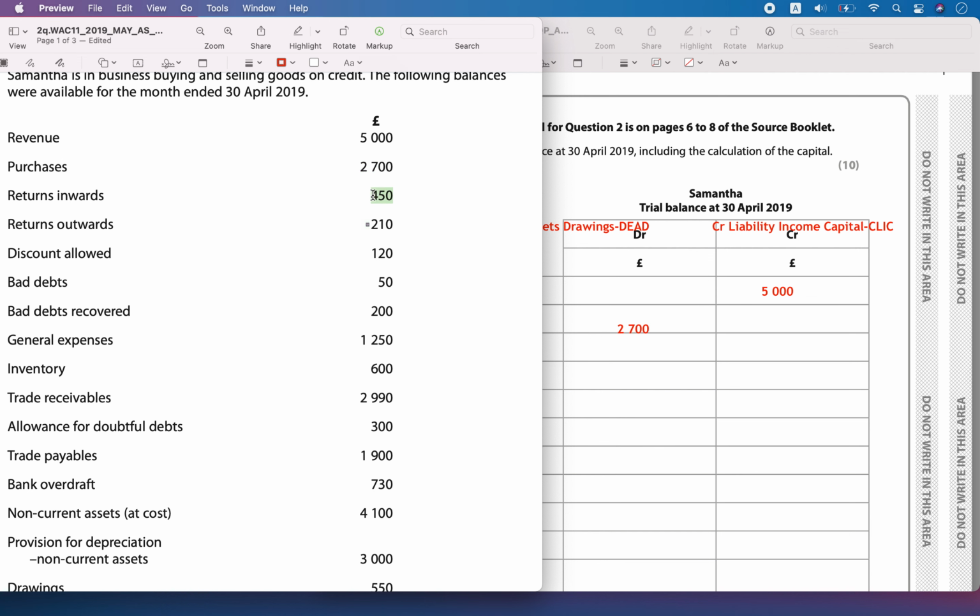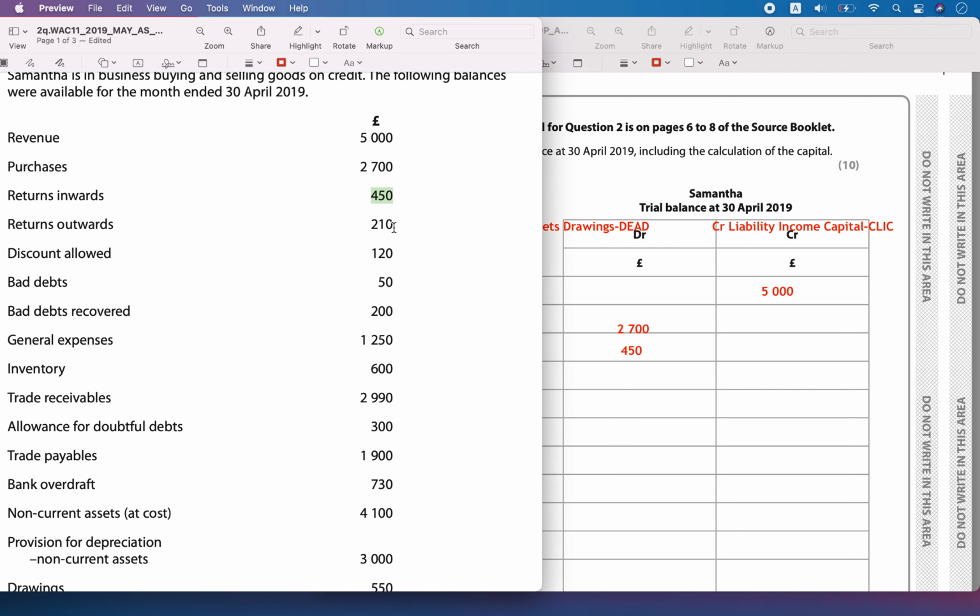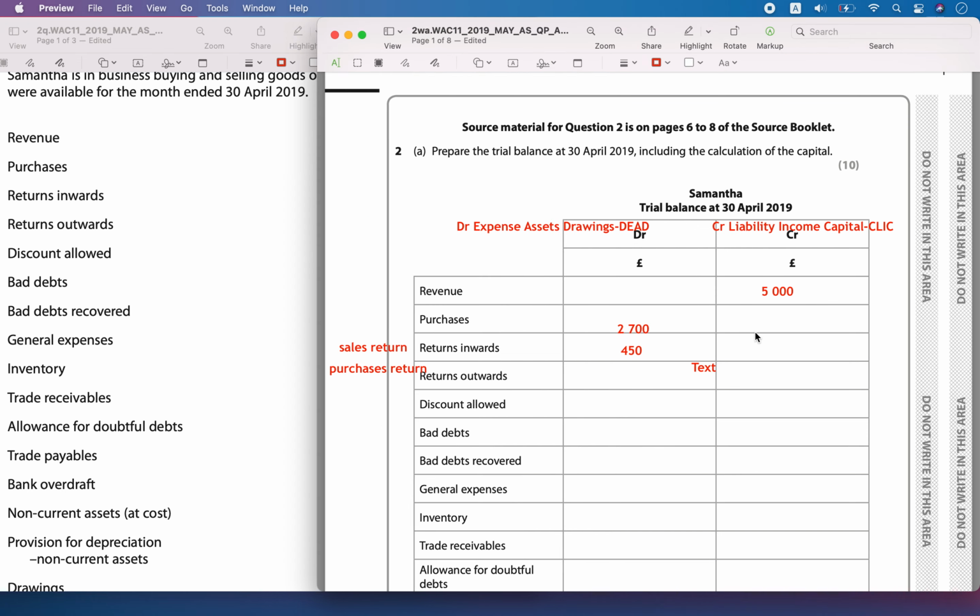Income has been reduced, it's like an expense, or you can put it on the opposite side of the income. Because it has been returned, sales income is reduced. Then purchases return: expense has reduced, which means I will put it on the income side, or the credit side.